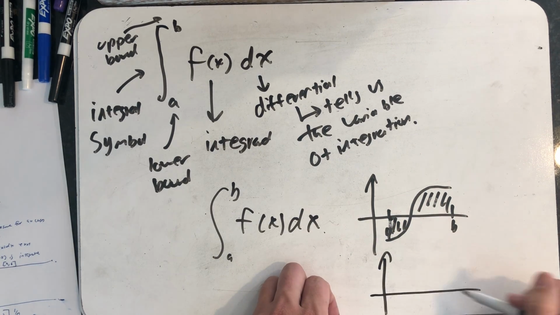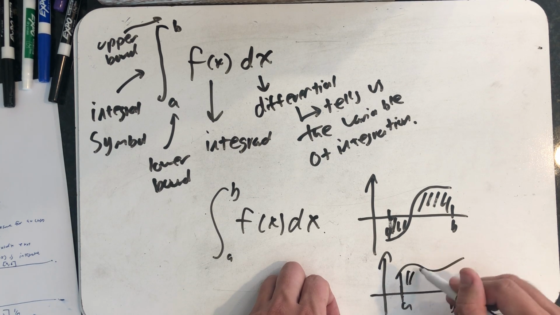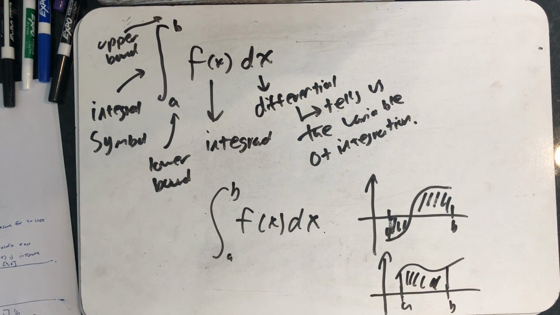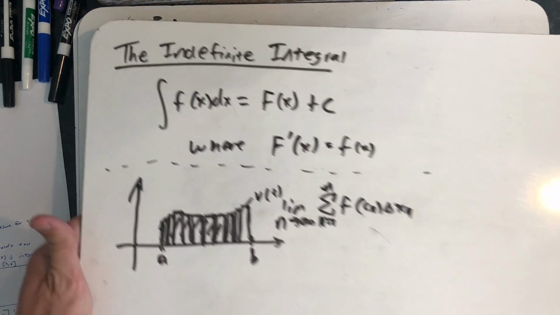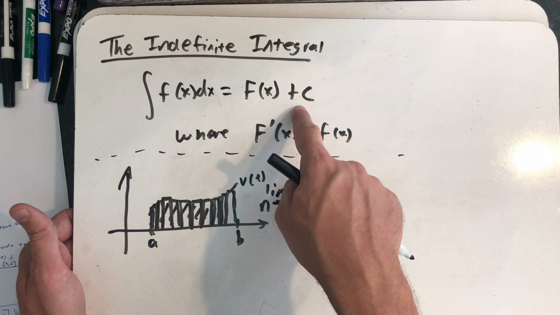And if my function was always positive, then I could think about just getting a positive area. But the point I want to make here is that when I write this down, I should get a number, right? The definite integral has this connection to area or distance traveled or displacement, whereas the indefinite integral is just a way of writing down the most general antiderivative.